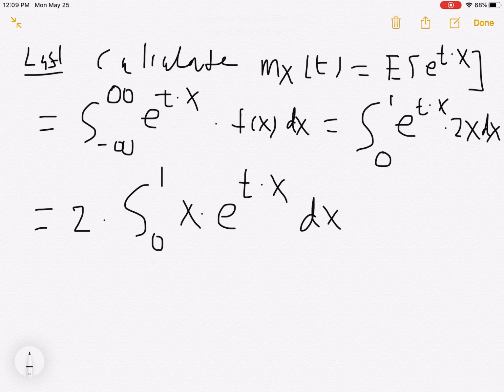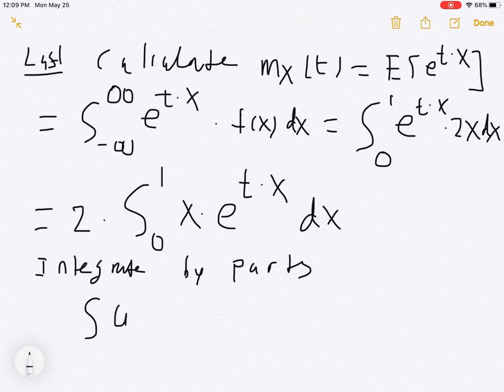And in order to anti-differentiate this, we need to integrate by parts. Just remember the integral of u times v prime is equal to u times v minus the integral of u prime times v.